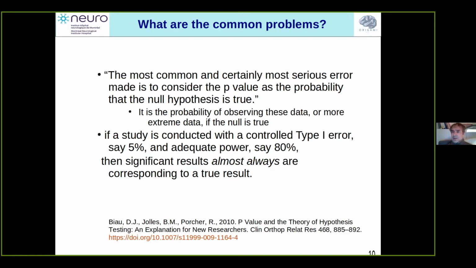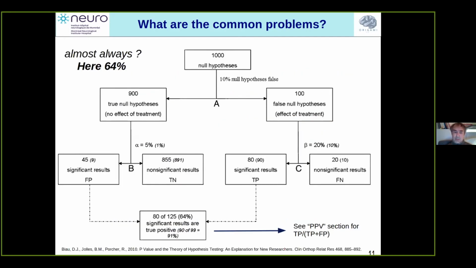I'll take a second example to explain why there's often misinterpretation of the p-value. If a study is conducted with a controlled type 1 error, say 5%, and adequate power, let's say 80%, then significant results almost always correspond to true results. I want to point you to the Button et al. paper from 2010 that describes very well how that problem occurs.